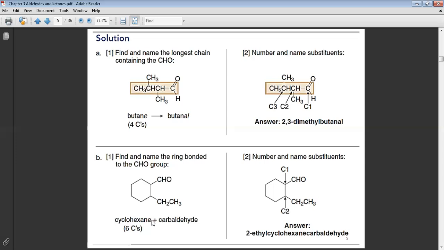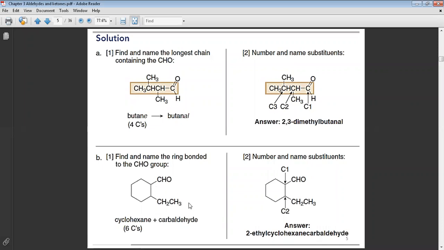Don't say cyclohexanal, that is a mistake, because it's a cyclo compound. That means it has carbaldehyde. It will be cyclohexane carbaldehyde. All the time the CHO will be on carbon number 1.